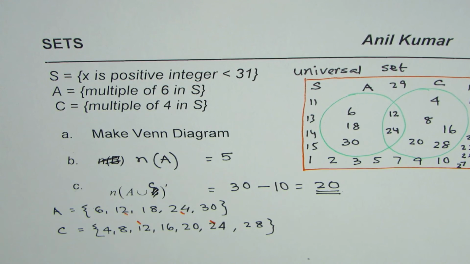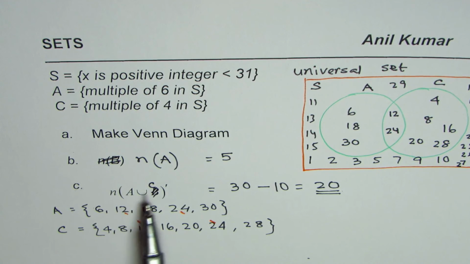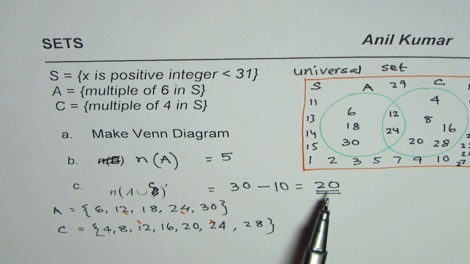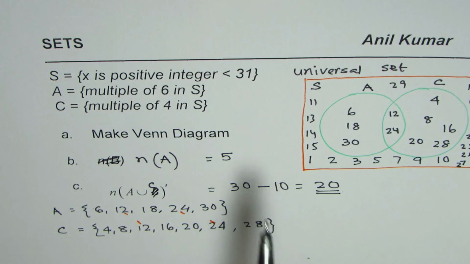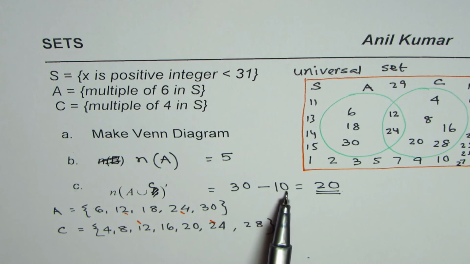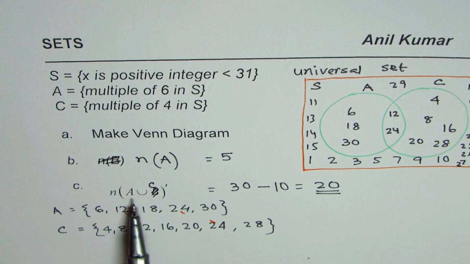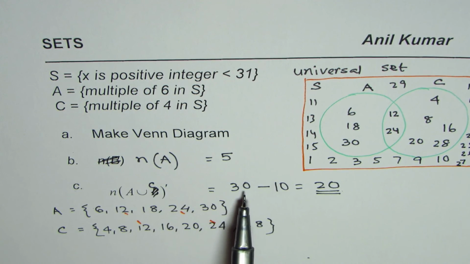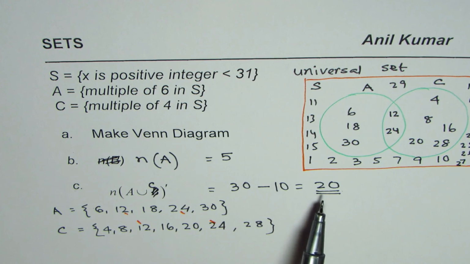What we conclude here is that the number of elements in the complement of A union C is 20. The best way of finding this number is by taking away 10 from 30, since 10 is the number of elements in A union C, and 30 is the total number of elements in our universal set.